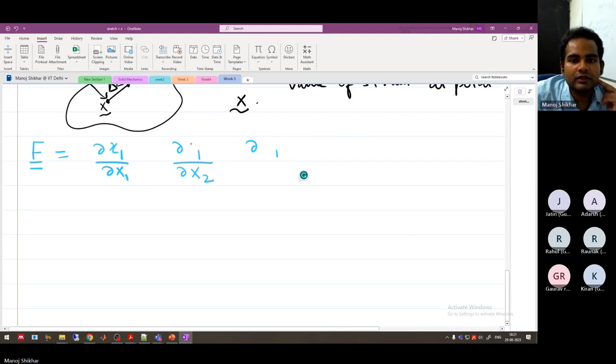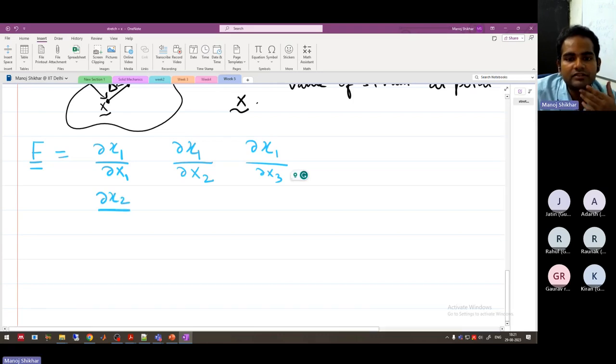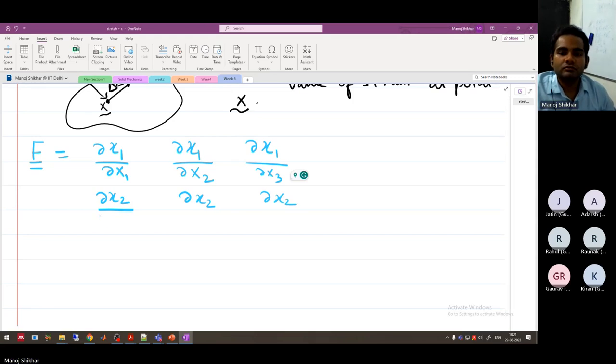This is del x1 by del X2, del x1 by del X3. Now I'm writing the second row. So for i equal to 2, in all the columns it will be del x2, and for the columns it will be del capital X1, del capital X2, del capital X3.